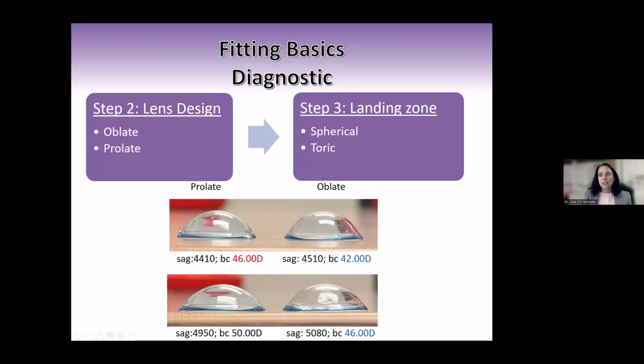This prolate one is a much steeper base curve, right? Because this is going to be steeper. And this oblate has this very flat base curve, this flatter base curve with more space out here in the mid periphery, but the sagittal depth is almost identical on them. So it's all about that corneal area. And that's why it's important to try to mimic that with your first lens, because you're going to have to make fewer lens adjustments because of that.